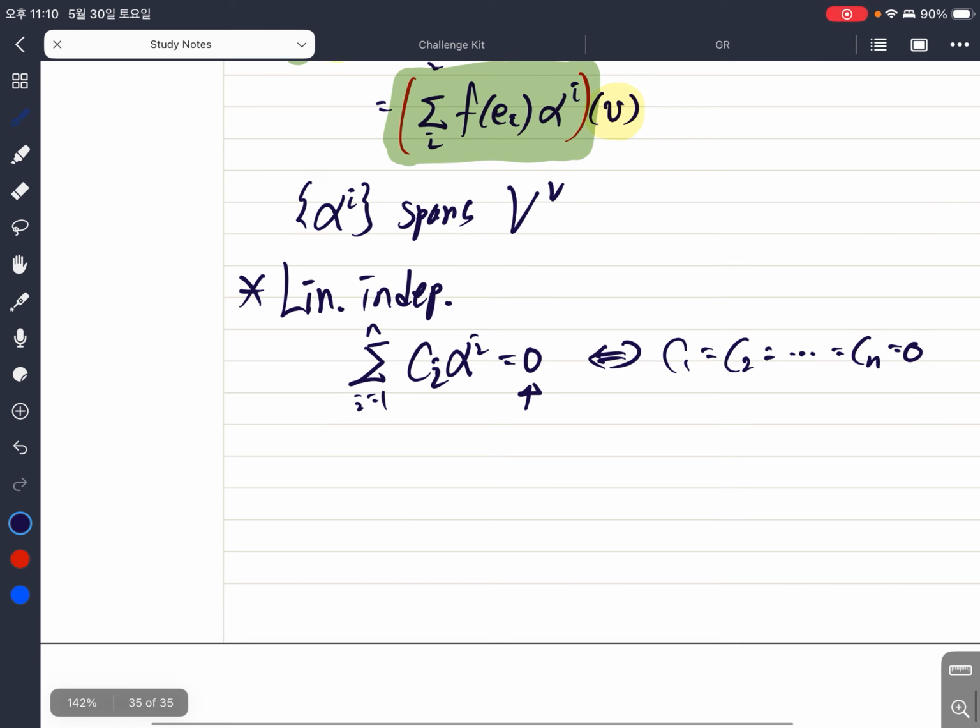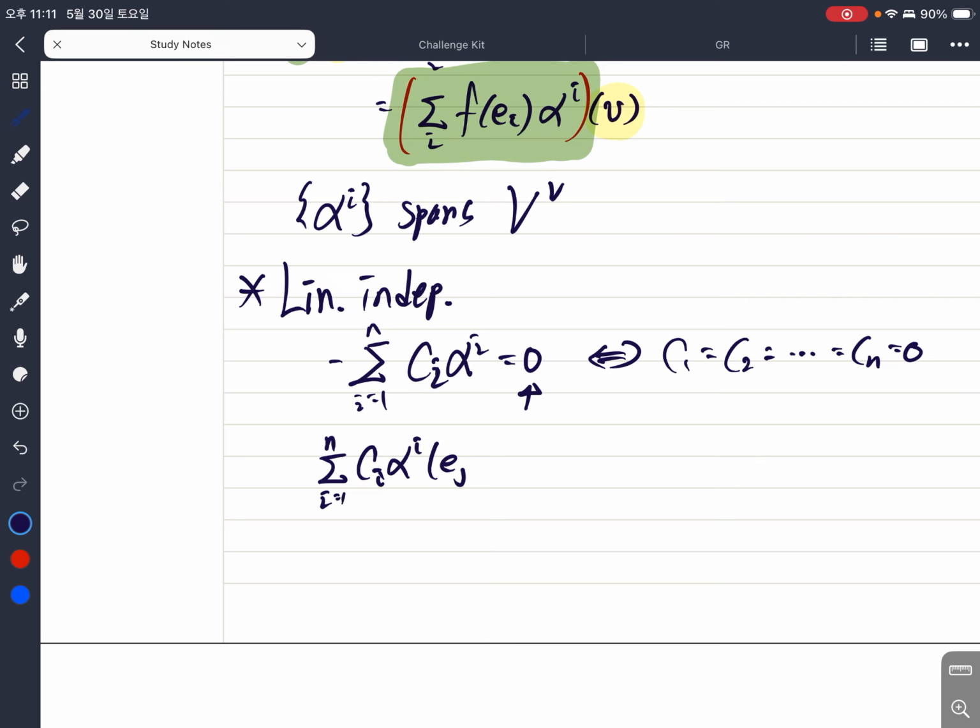So it means that if you act on, let us say, some vector, this sum c_i alpha^i, let us put some e_j here. Then it is 0 on e_j.